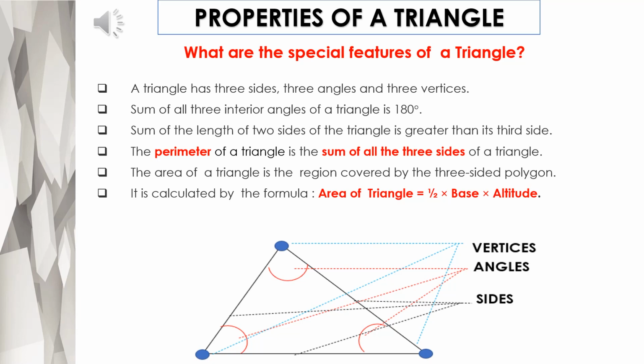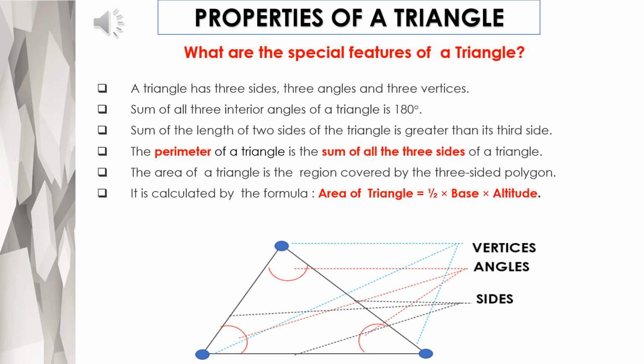Now let us talk about the sides of the triangle. The sum of the lengths of any two sides of a triangle is greater than its third side. Okay? Now, what is the meaning of perimeter? It is the length of the outline of a figure.